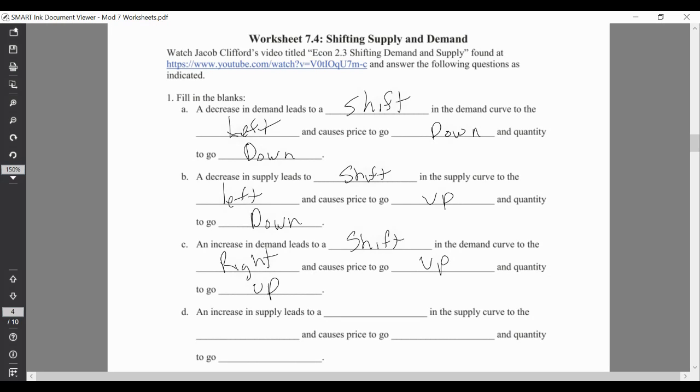The next one says an increase in supply leads to a shift in the supply curve to the right and causes the price to go down and the quantity to go up. Okay? So that's the first part.